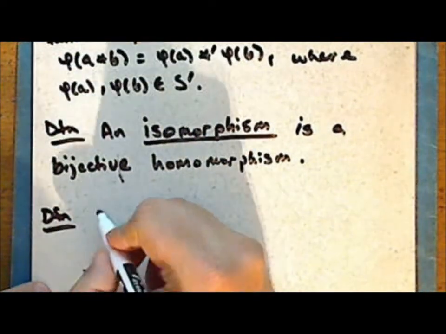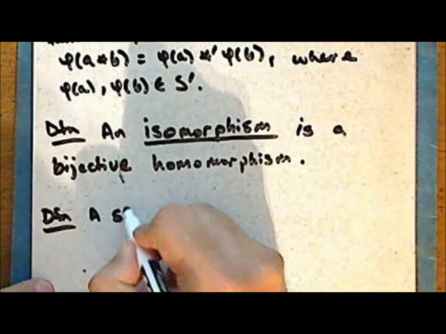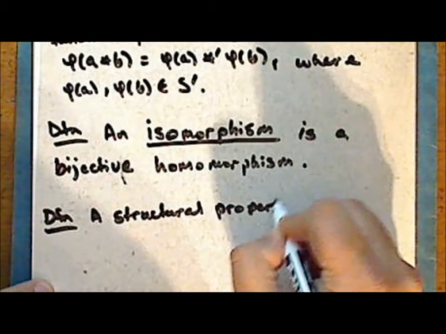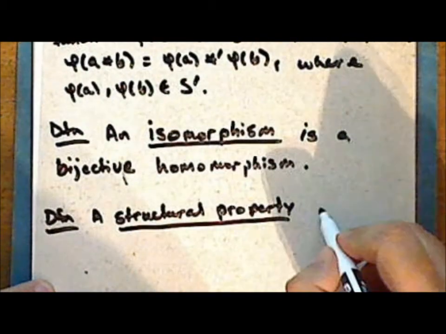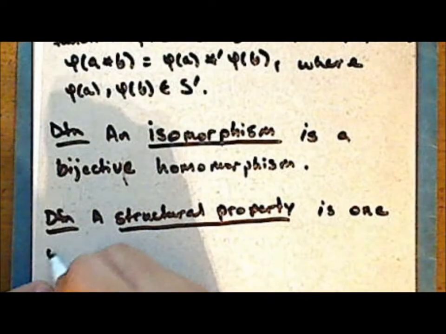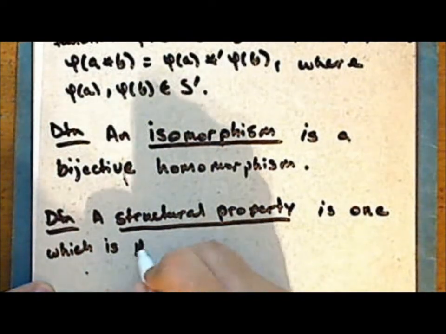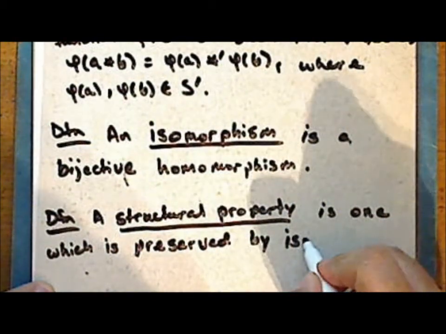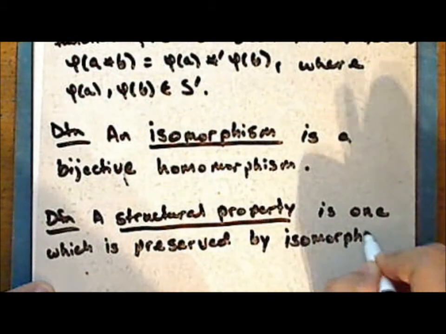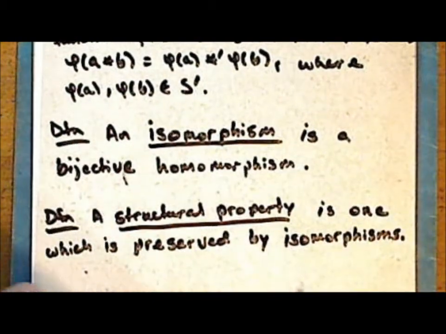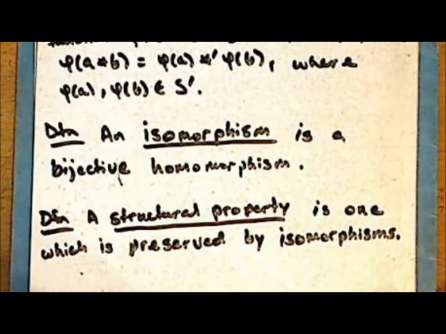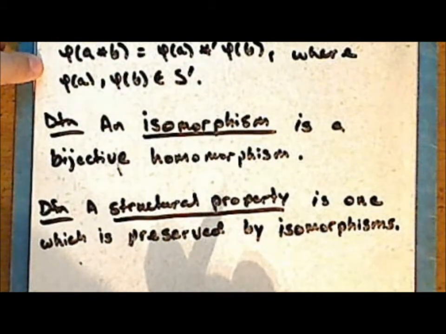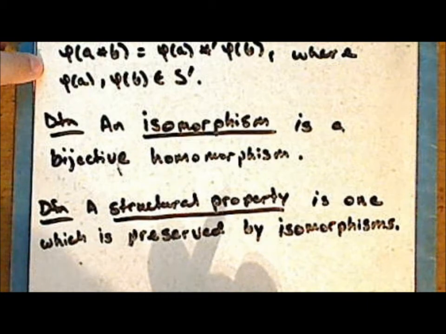Definition: a structural property is one which is preserved by isomorphisms. Now, two obvious structural properties, well, I say they're obvious, include the cardinality of the underlying set and the type of structure.